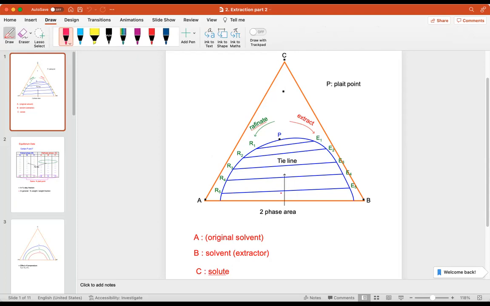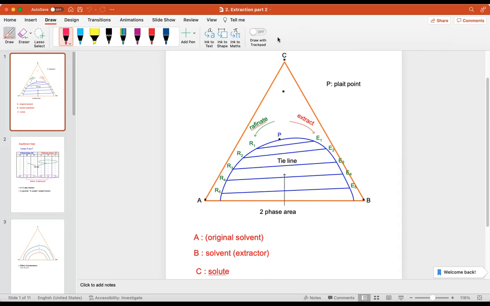At each point, the composition actually reverts to an equilibrium. It goes to the extract and also the raffinate. For example, if we have a composition in the two-phase area, in equilibrium it will separate into the extract and also the raffinate.